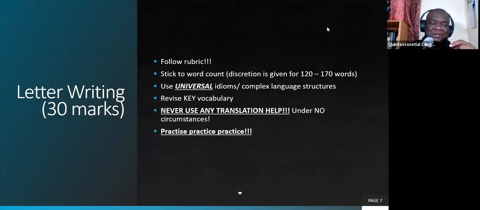And I'm saying to you all, never, ever, ever, under no circumstances, use these. There's one in particular that's a dictionary, SpanishDict.com, but it also has translation capabilities. I just sent the link in the chat.